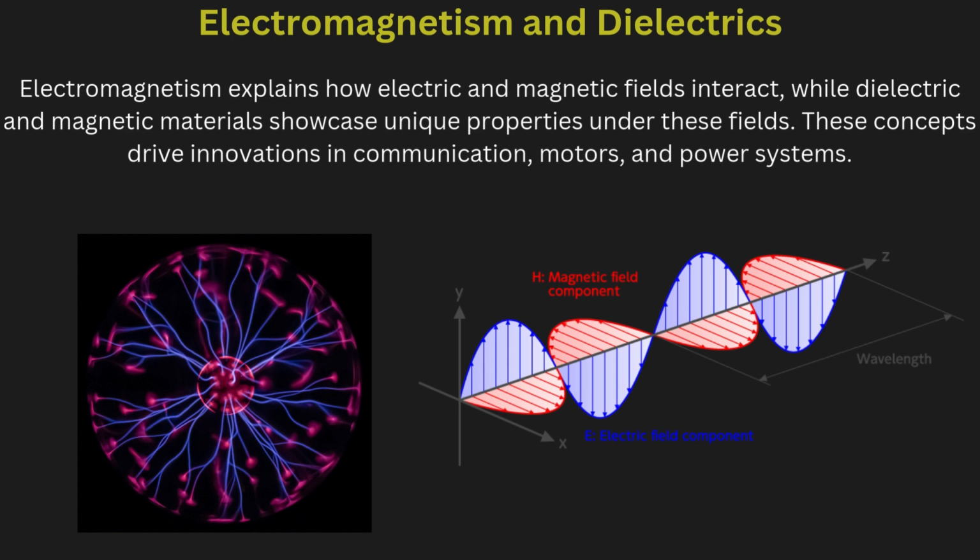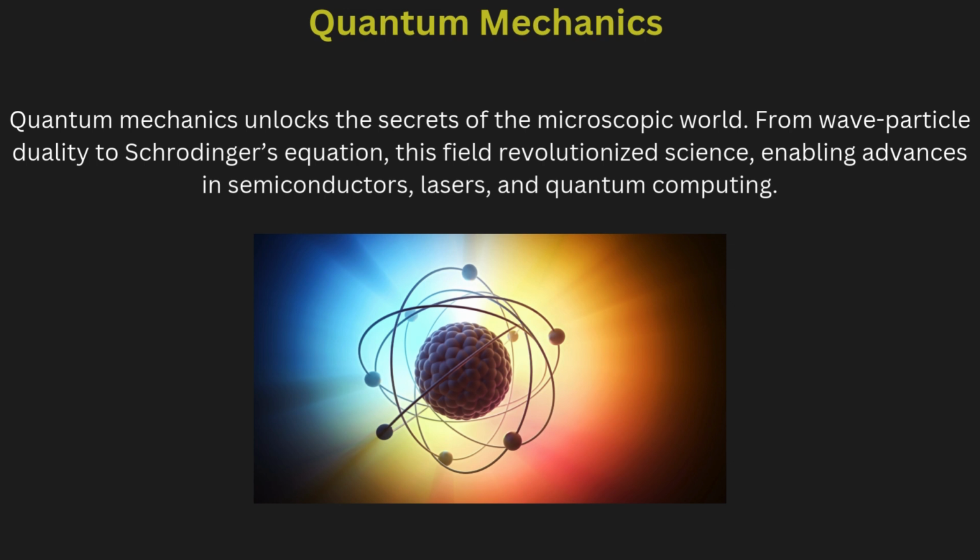So now, quantum mechanics. Quantum mechanics unveils the mysteries of the microscopic world, starting with phenomena like black body radiation and the photon concept. The de Broglie hypothesis introduced wave particle duality, verified through experiments on matter waves.